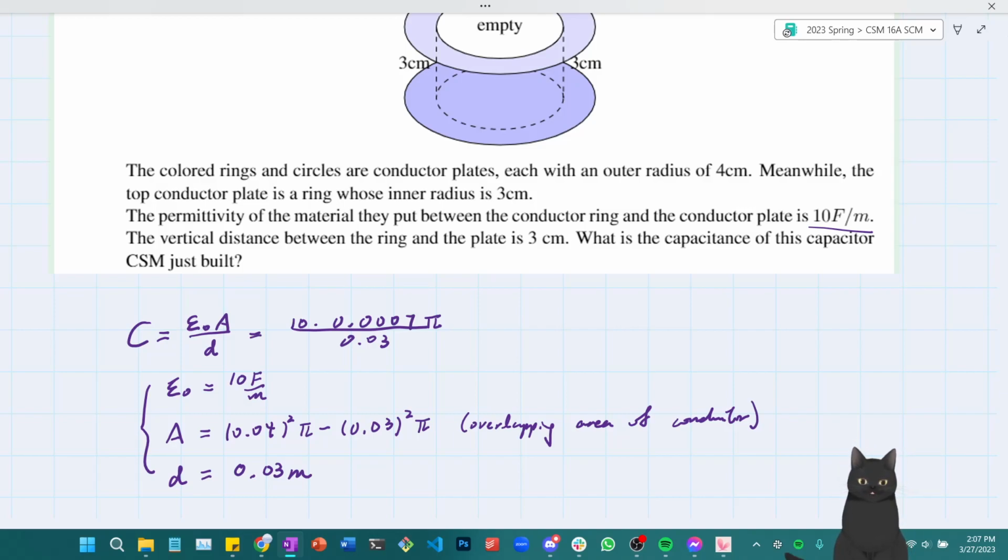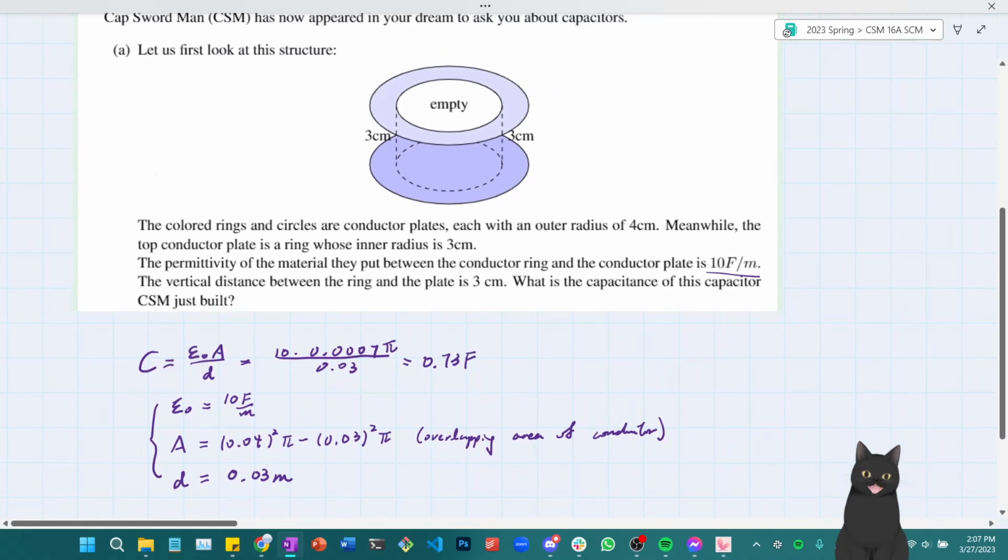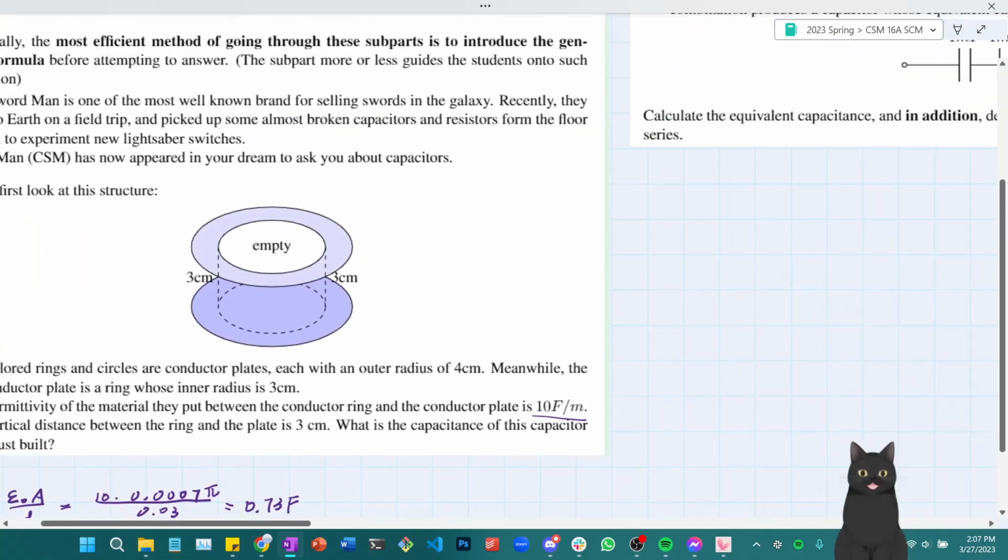And this is a plug and chug problem, so you can just directly chug this expression into your calculator and you should get an answer. But the solutions file says that it's 0.73 farads. So we have reviewed the basics of how to calculate a capacitance in part A.